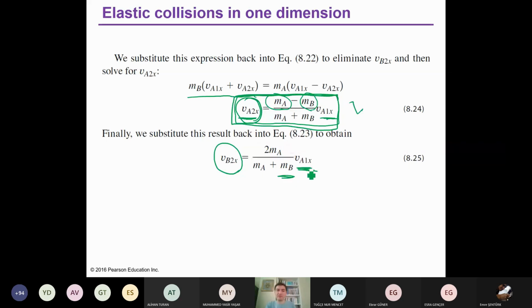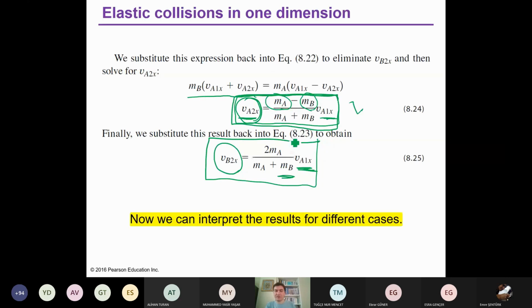So now we have two expressions for the final velocities of the balls. Just keep these two equations in your mind, okay? Final velocities of the balls after the collision. Then we will use these two equations for different cases, for different situations in the following transparencies.